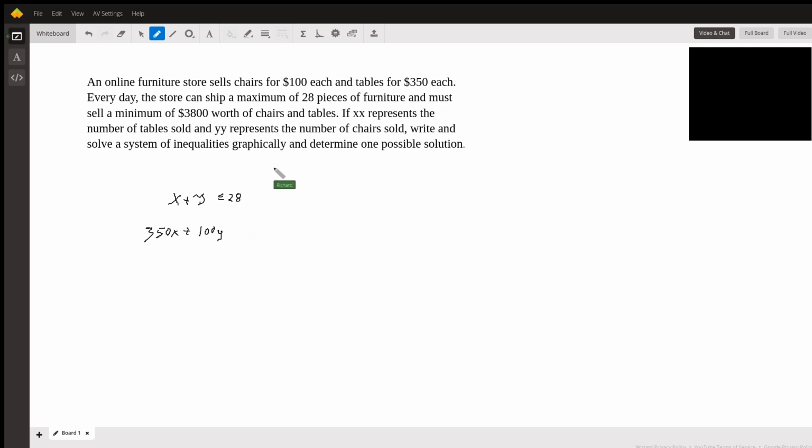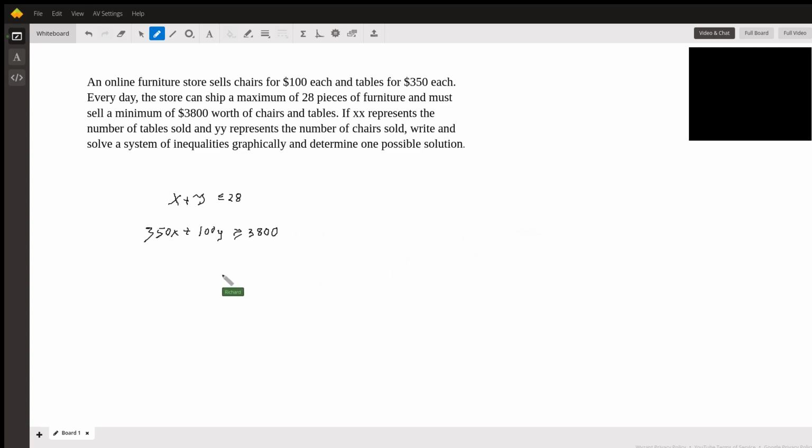Oops, X is tables and it's 100 for chairs. Right. So X is tables, they get $350, and Y is chairs, they get $100, and they need to make at least $3,800 in sales. Otherwise, they can't afford to cover their costs.